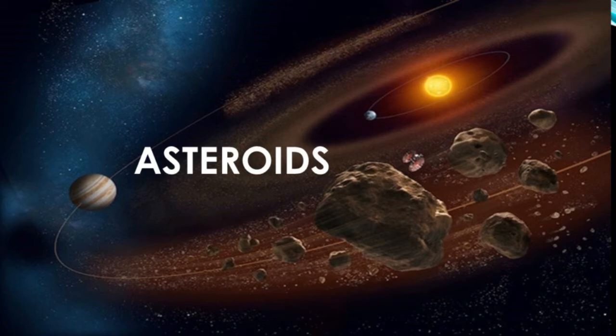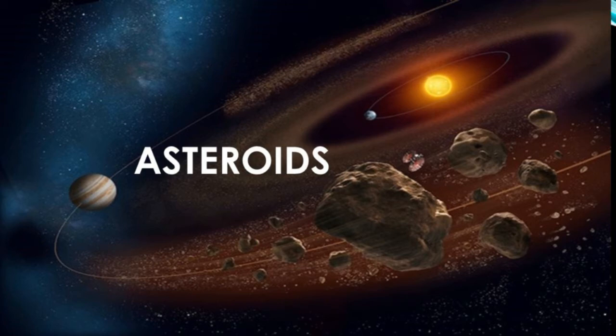Asteroids. There is a large gap in between the orbits of Mars and Jupiter. This gap is occupied by a belt containing about half a million pieces of rocks that were left over when the planets were formed and now revolve around the Sun.